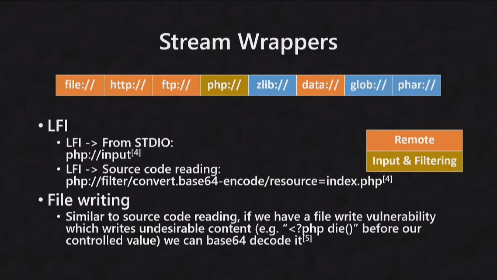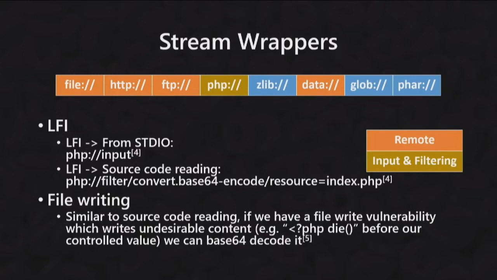If you have a local file include issue and you want to read the source code of a file, obviously if you try to include a PHP file, that will be executed. But this stream wrapper has an interesting feature called filters. So we could base64 encode a file before it's included and then decode that on our end and read the source code from the file.